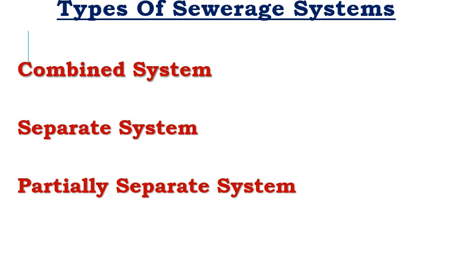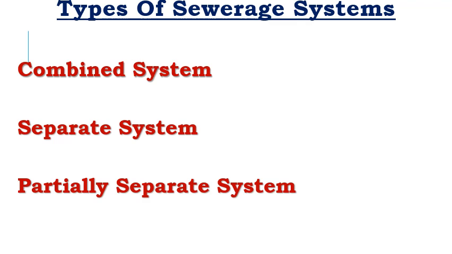Okay. From this slide, we are going to study sewerage systems in detail. What is a sewerage system? Collection, then conveyance means transport, treatment and disposal. 4 conditions. Okay. Now sewerage means underground drainage system, right? See, we have a total of 3 types, classified into sewerage.